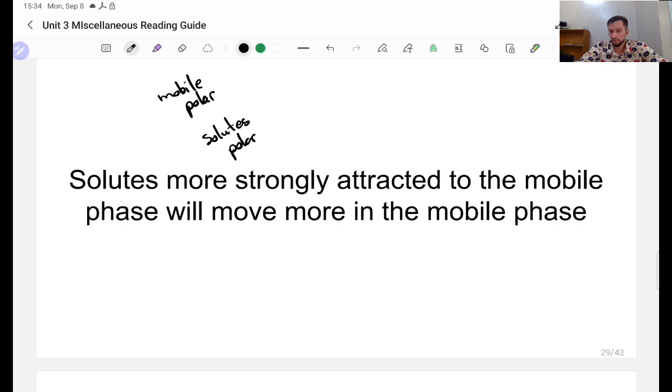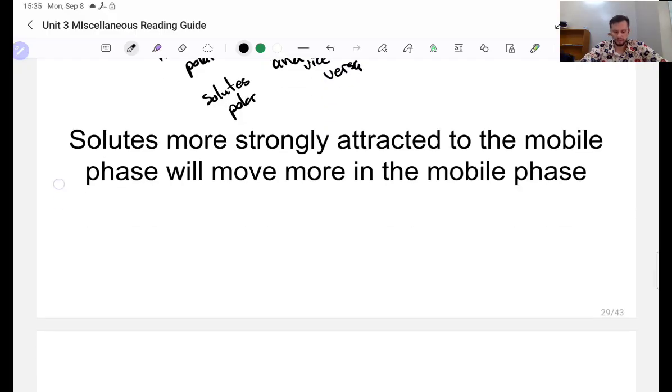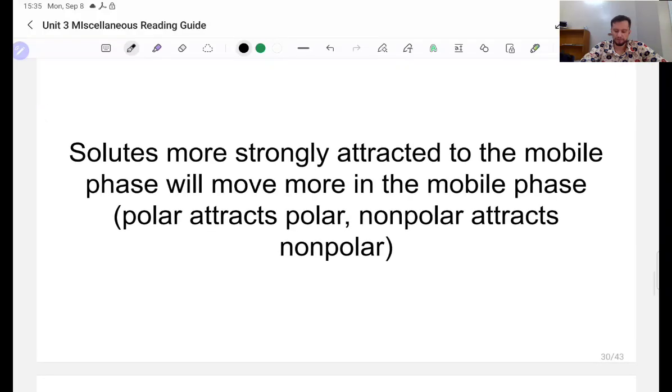If we have a non-polar mobile phase, it would be the opposite, right? Because like dissolves like. So polar attracts polar, non-polar attracts non-polar.